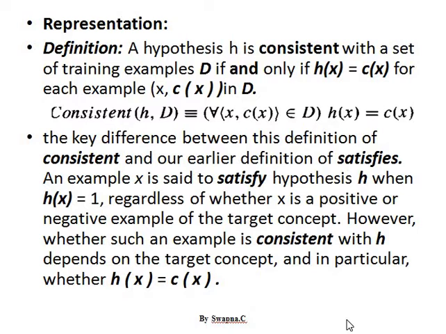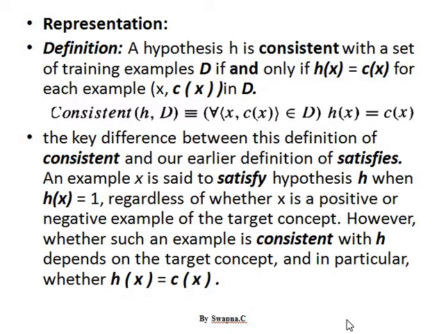Here we give the representation and definition. The definition is: a hypothesis h is consistent with a set of training examples if and only if h(x) equals c(x) for each training example in D. The notation is Consistent(h, D). Here h is the hypothesis and D is the set of training examples, for all ordered pairs (x, c(x)).